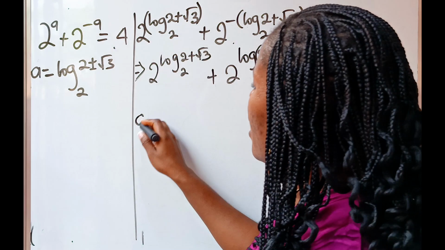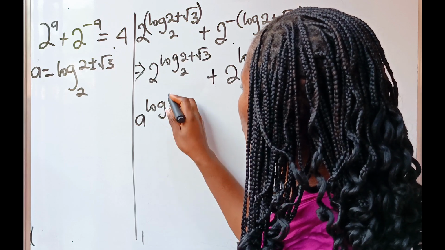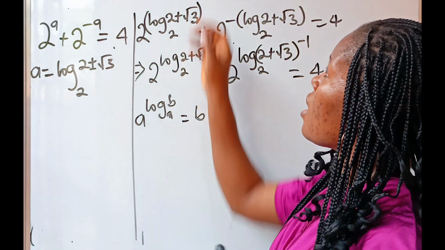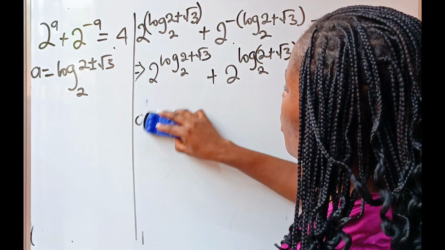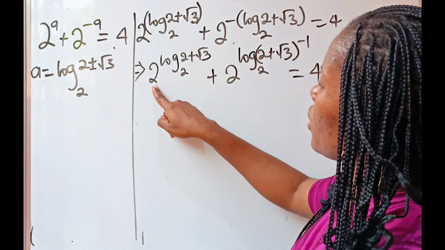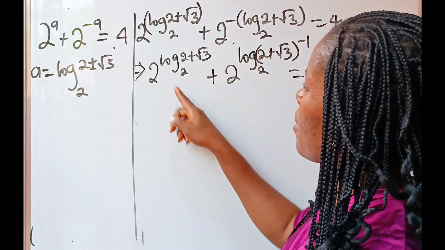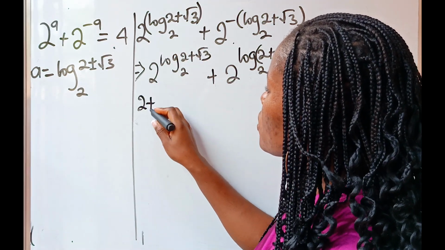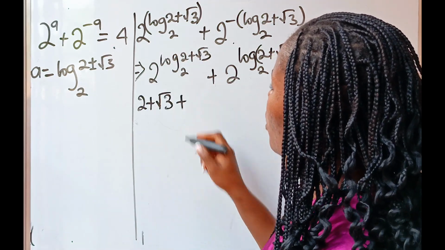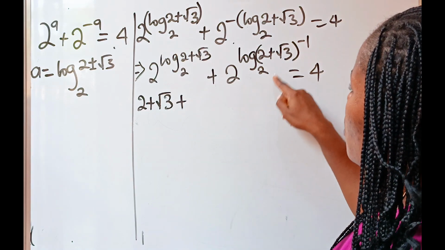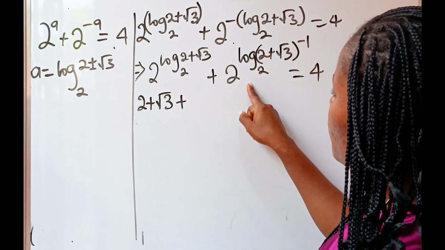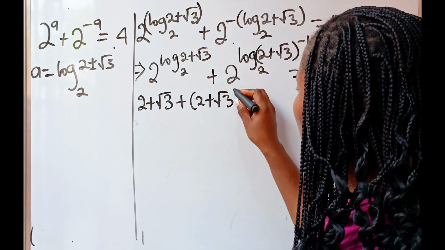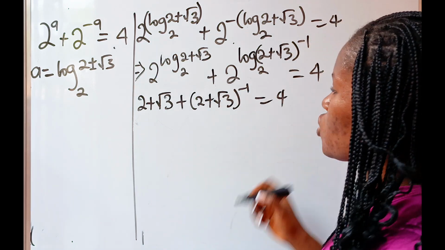Now when you have a to the power of log b base a, this is equal to b. Yes, that is a law of logarithm. Now look at this, we have the same base here and here. That means the whole of this is 2 plus root 3, right? So we have 2 plus root 3 here, plus the same thing happens here. We have the whole of this to be 4 here. So we are going to have 2 plus root 3 to the power of minus 1 is equal to 4.